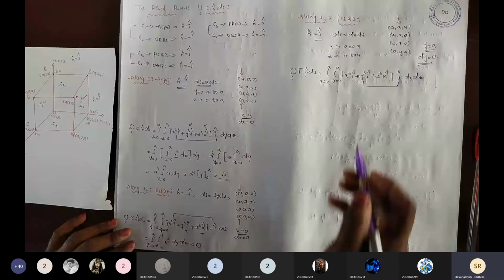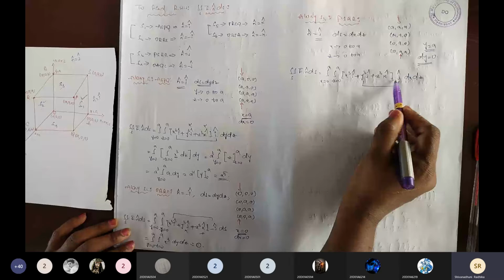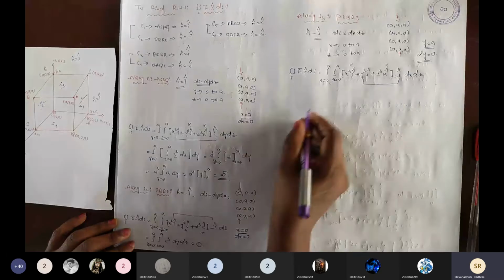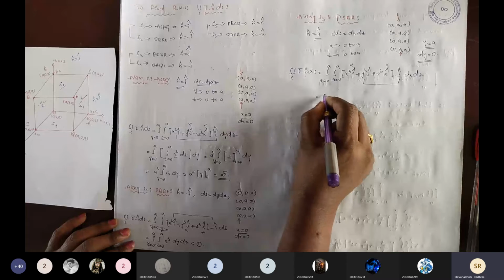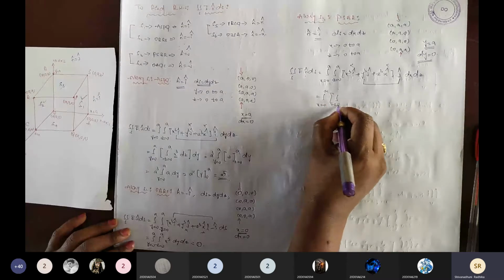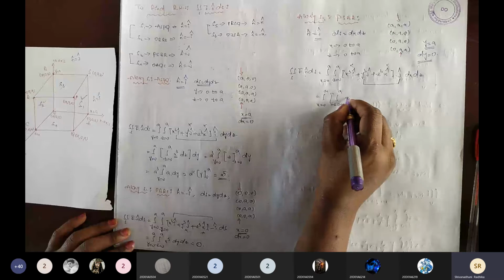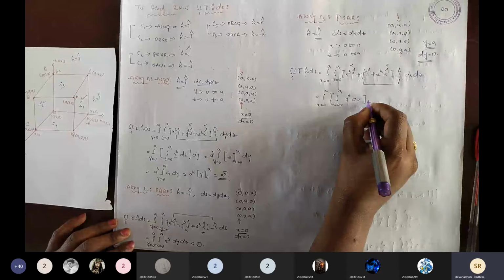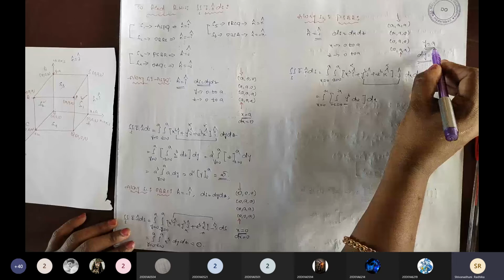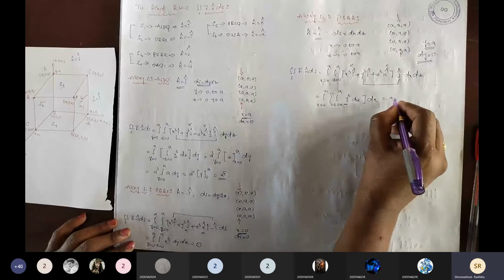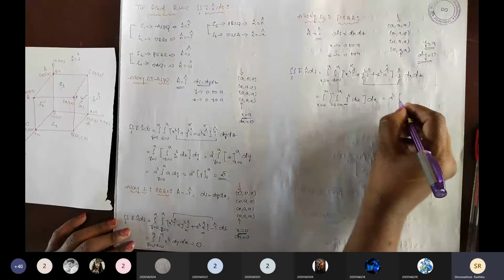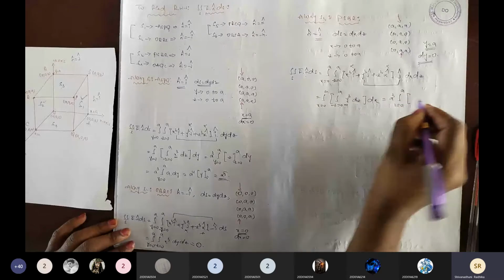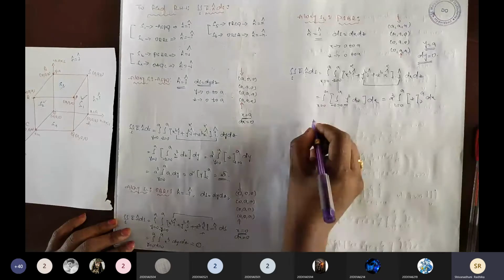Corresponding coefficients multiply; i cap and k cap terms will be 0. Then integration x from 0 to a, integration z from 0 to a, y cube dz dx. We already have y cube, whose value by the substitution y equals a is a cube, a constant taken outside. Integration x from 0 to a, and integration of dz is z from 0 to a, into dx.